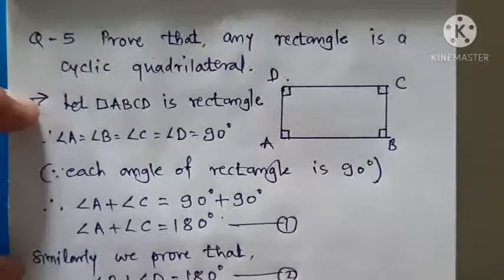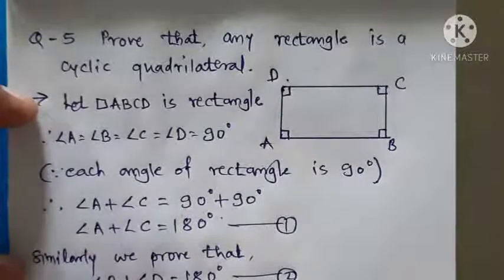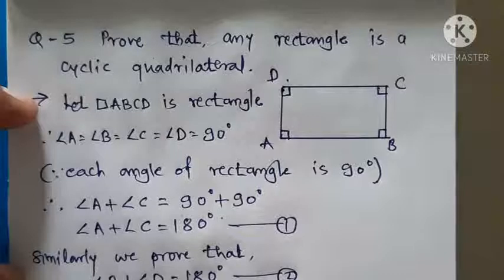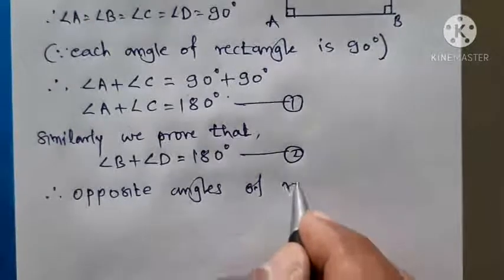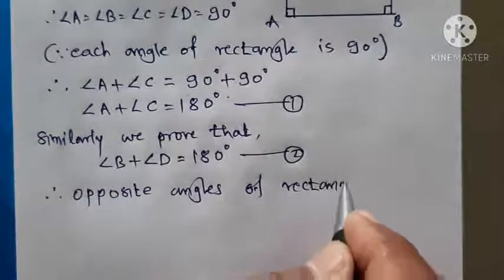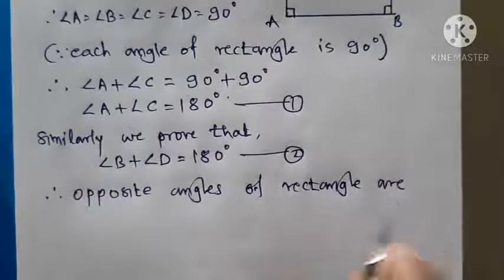This is equation second. Therefore, opposite angles of a rectangle are supplementary.